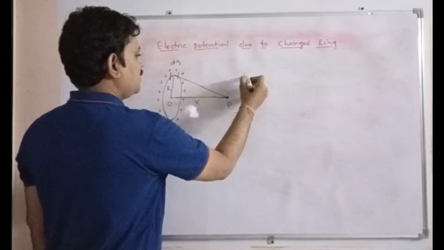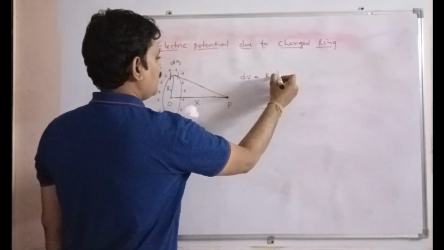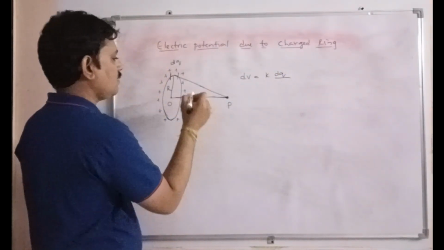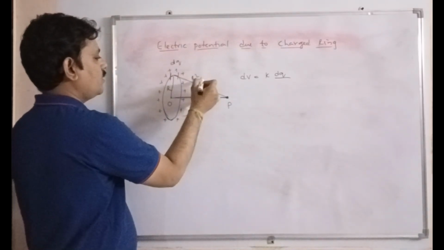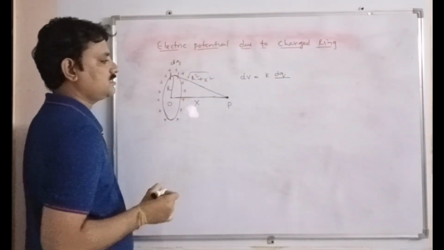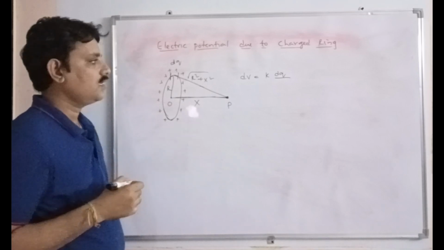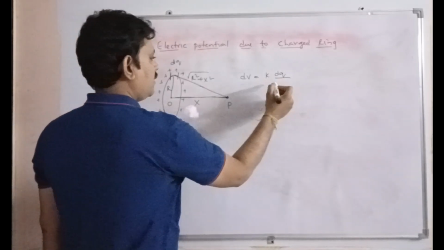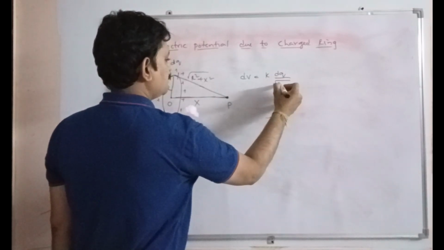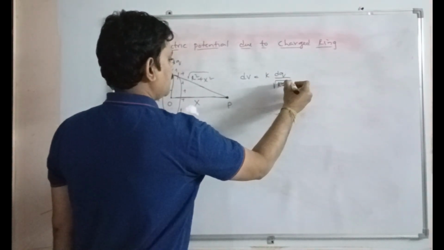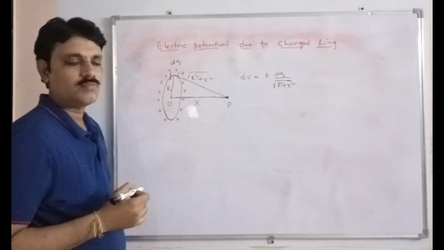What is the potential at point P with respect to the small elemental charge dq? The potential is dV. dV is equal to k into dq by root of r² + x², the distance. We know the relation for potential, k into q by x. So that is k into dq by the distance, root of r² + x². This is the potential.